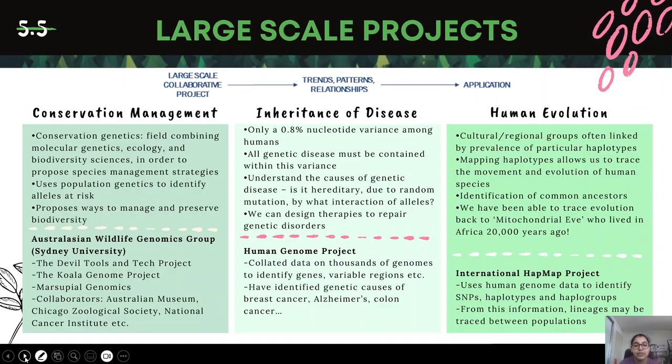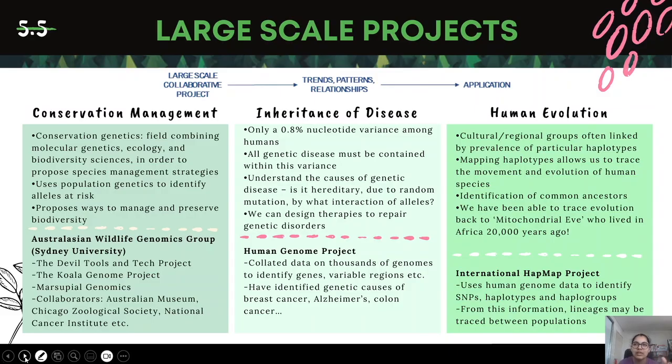Finally, human evolution. Cultural regional groups are often linked by prevalence of particular haplotypes, by particular traits, right? Mapping haplotypes allows us to trace movement and evolution, and through this they were able to trace back to a common ancestor, which is mitochondrial Eve.